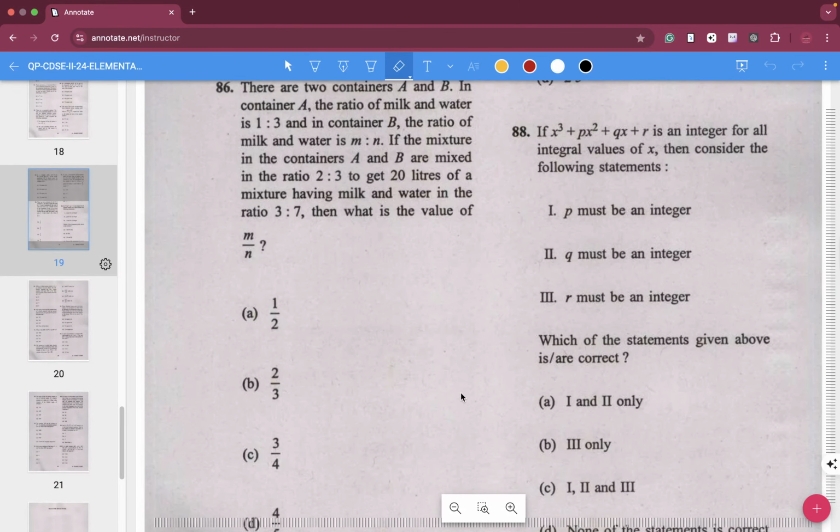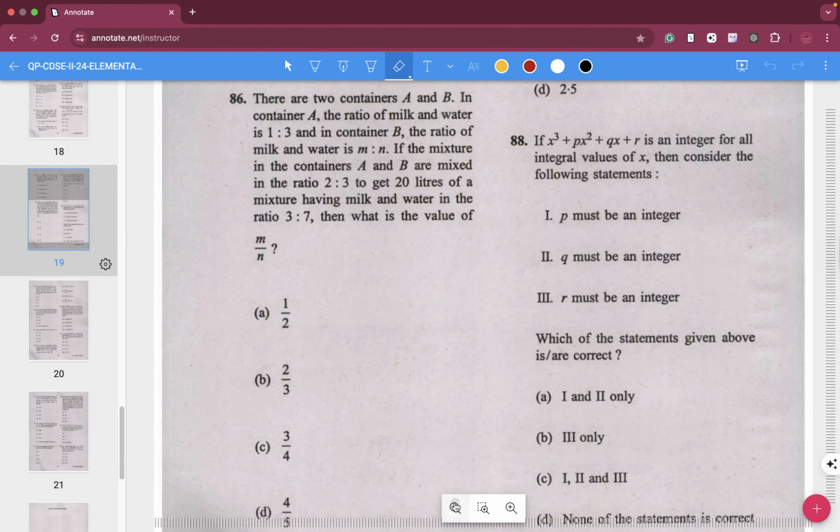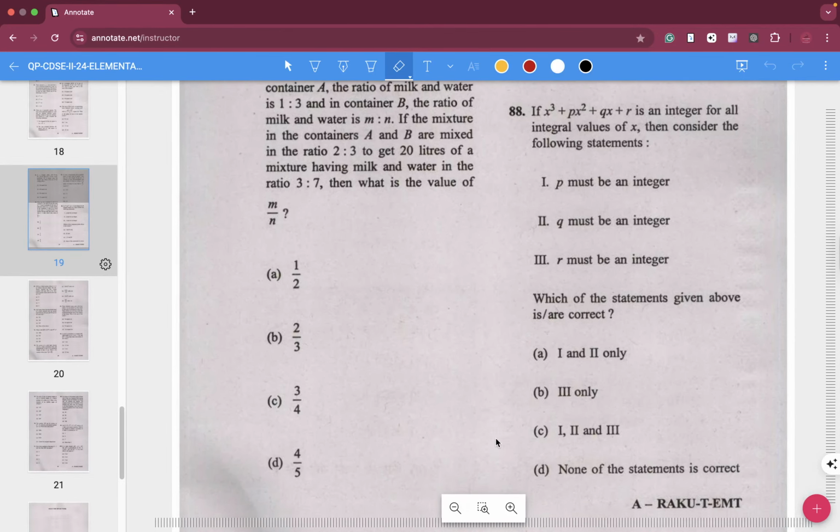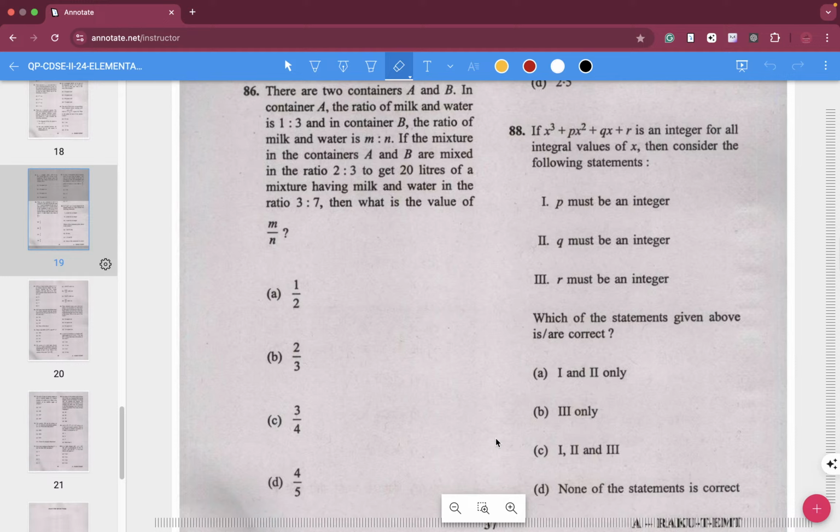Question number 86, there are two containers A and B. In the container A, the ratio of milk and water is 1:3, and in the container B, the ratio of milk and water is m:n.